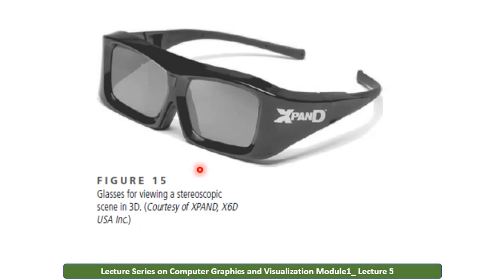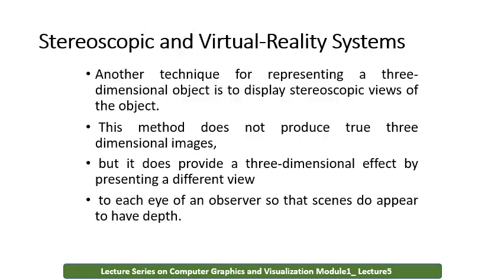Those are called glasses for viewing three-dimensional movies. If you don't wear these glasses, that depth information cannot be viewed exactly, because the depth information is monitored by the glasses for the stereoscopic scene in 3D. Otherwise, you will see a blurred, two-dimensional image itself, and the depth information can be viewed with the stereoscopic scene in 3D.